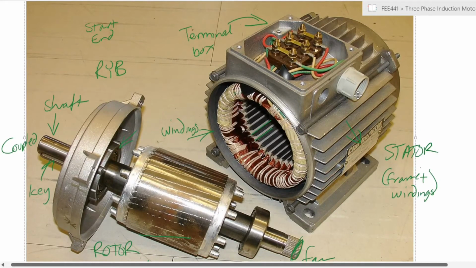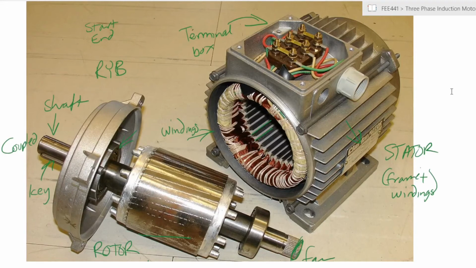That's a very good return on investment. This is part of the reason why we say the three-phase induction motor is a very good engineering solution that provides a robust, reliable, and relatively efficient way of converting electrical power into mechanical power.